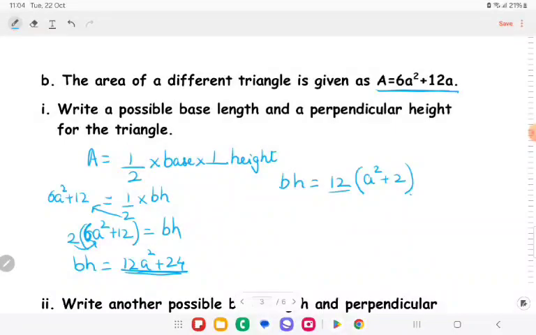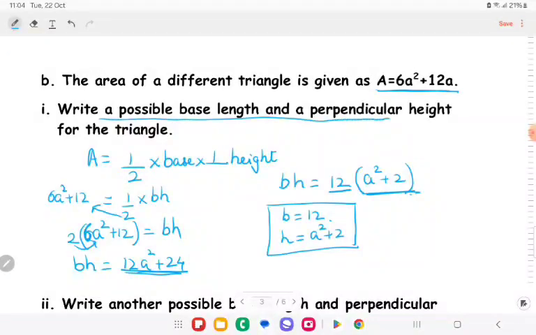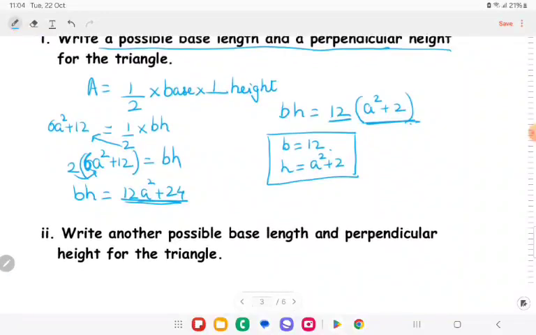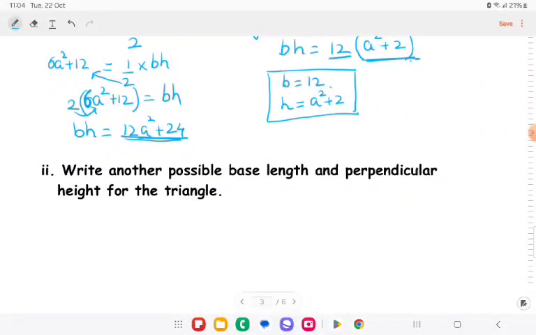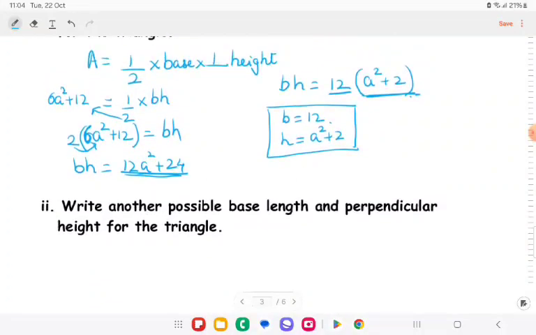So, possibly this 12 could be the base and this a square plus 2 could be the height. A possible base length and a perpendicular height.